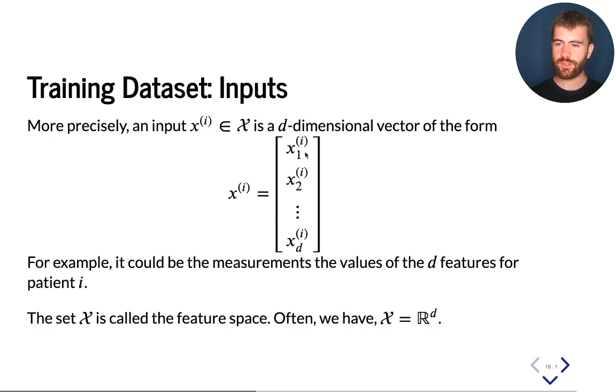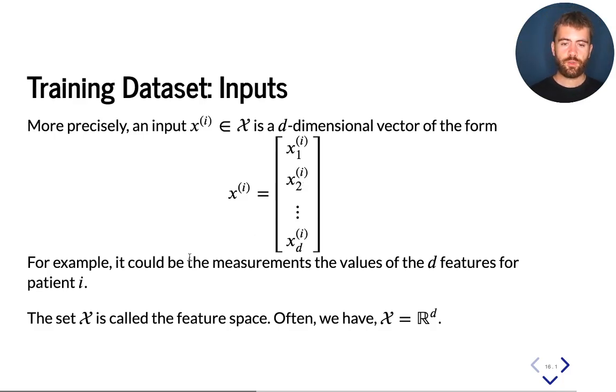Each number here is a scalar, and you can think of it as one of the measurements that we just saw in our earlier data set. For example, the first number here can correspond to the age of a patient, the next one can be their BMI, here we could have blood pressure, and in total we're going to assume that there are d of them. In our earlier example, d was 10, but we could have an arbitrary number of measurements for any patient.